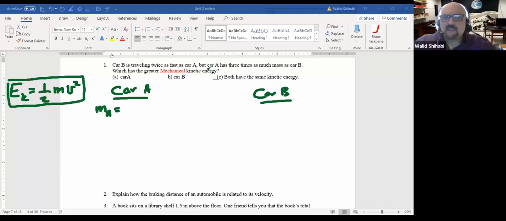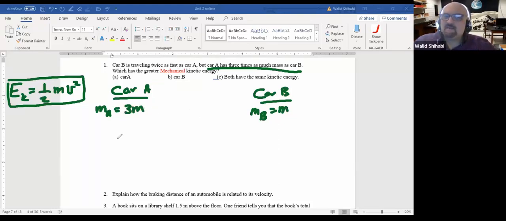Since it tells you that car A has 3 times the mass of car B, if we assign the mass of car B the symbol M, car A will be what? Car A has 3 times the mass of car B. So we should assign it 3M, right? If we assign car B the symbol M, we'll assign car A 3M.